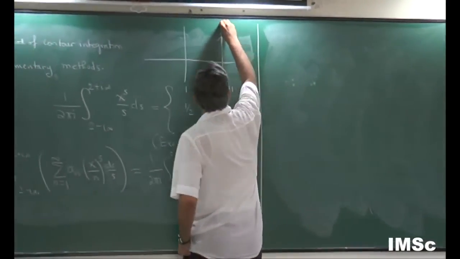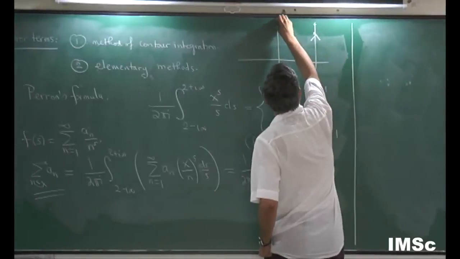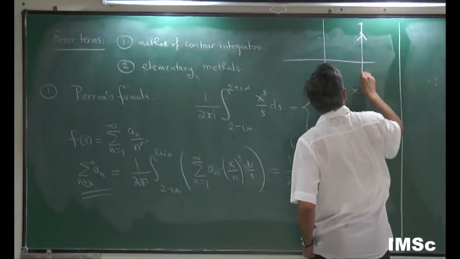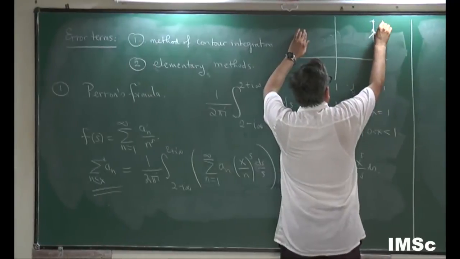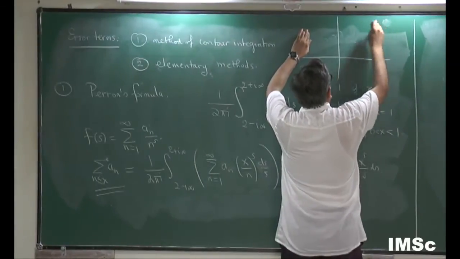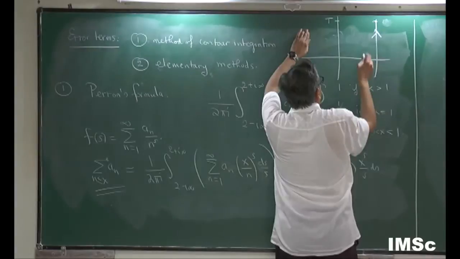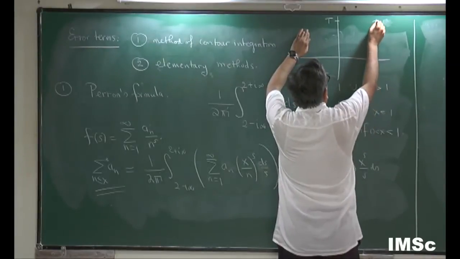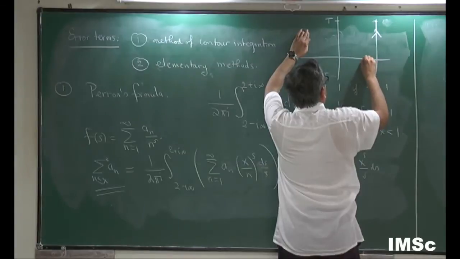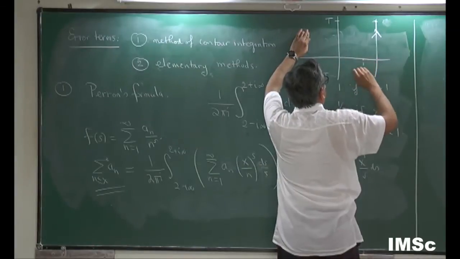So I can first start by truncating this thing. There's a truncated version of the Perron formula which you have to use. Let's say you truncate it at some height minus T to capital T. And let's say at s equals 1, it's got a simple pole.